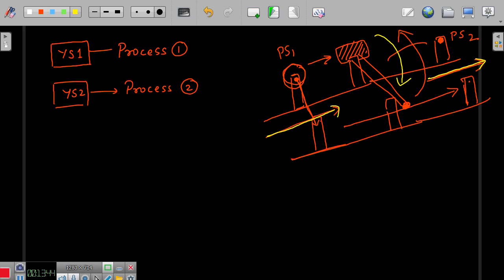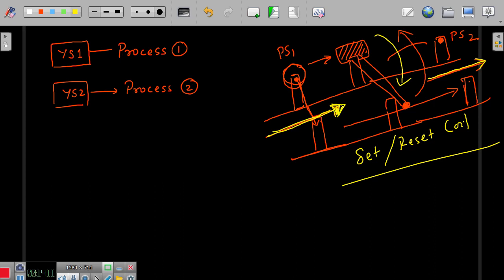So this has to be done with the help of set reset coil. You can also do it with the conventional switches and output devices, right? But you have been specifically asked here to do it with the help of set reset coil. In this particular case no other action takes place except the closure of the barrier.